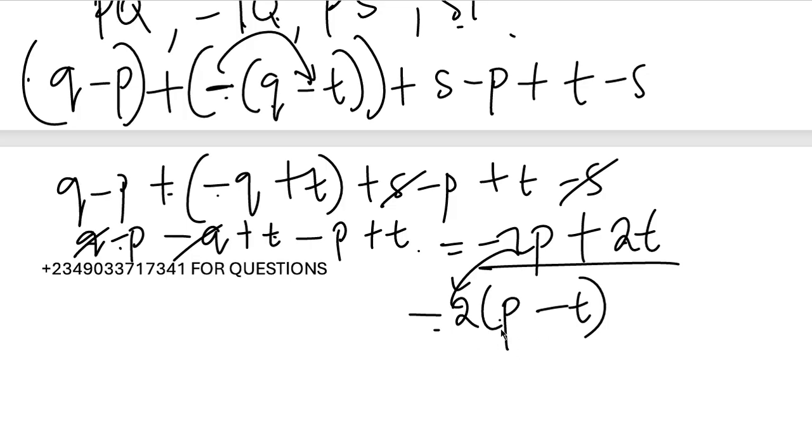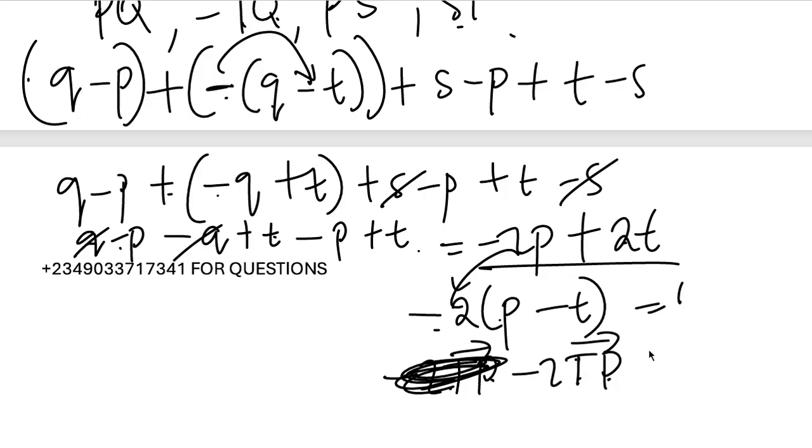So based on what I said, we have that P negative T is going to be same as negative 2 of TP, right? TP is going to be the same as P negative T, right? So negative 2 TP.